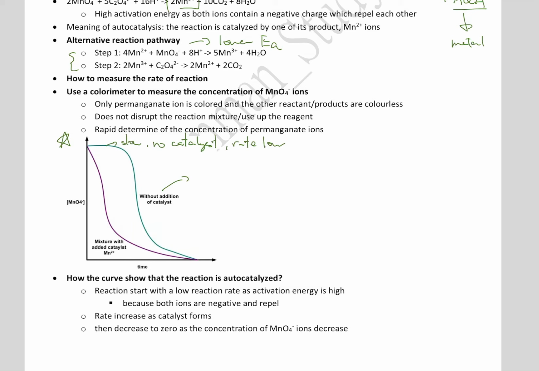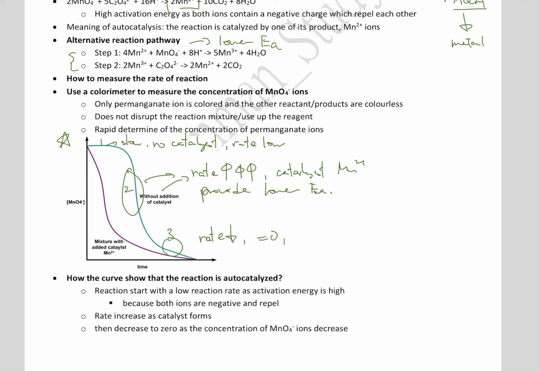Then the second part here, you have a really large increase in rate, because of the catalyst, which is the Mn2+, being formed, which provides the lower EA, so the rate will increase a lot. And then the last part, the rate slows down again, and then suddenly becomes 0.